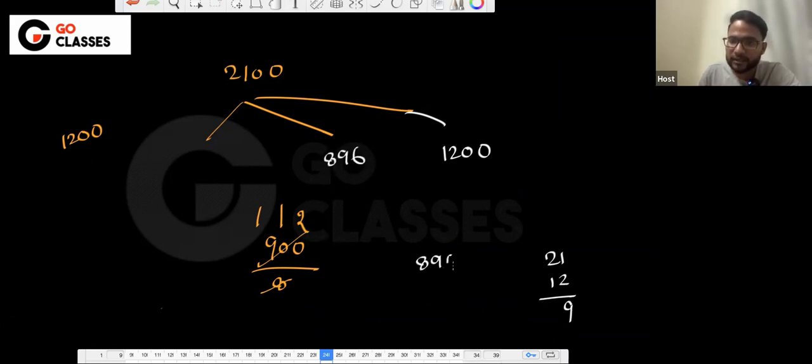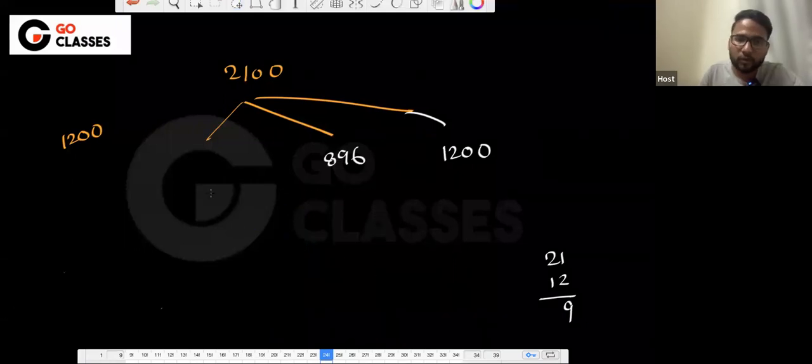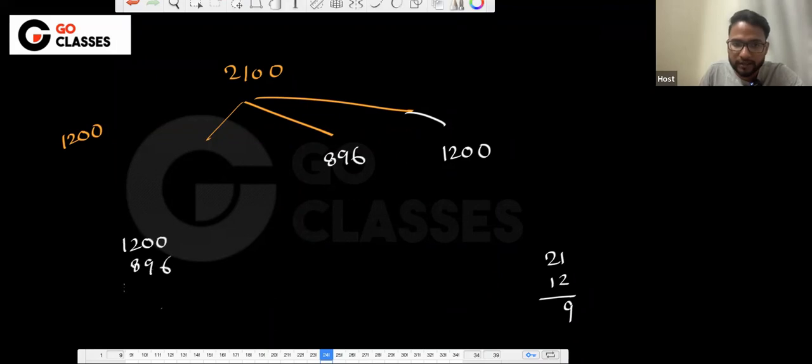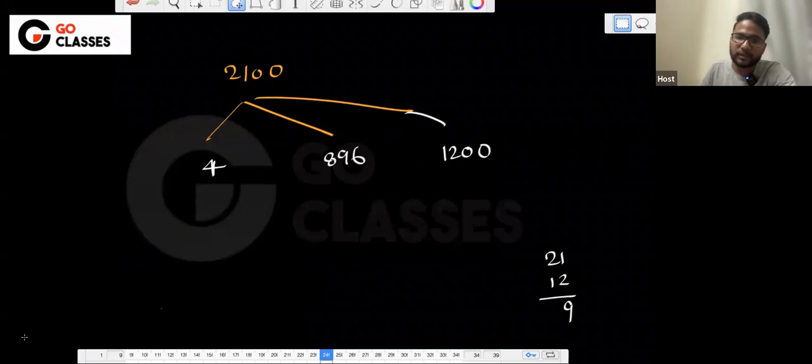So 896 is divisible by 8. So you can take 896, and then what is the remaining one? This is 2100. So 1200 and 896 is 2096, and the only 4 is remaining, right? So this is 4, excluding the IP header, obviously.